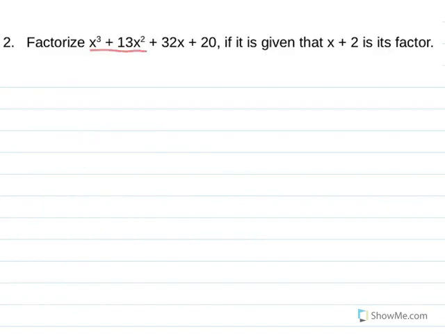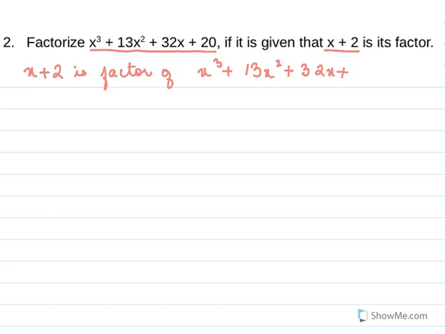Factorize x cube plus 13x square plus 32x plus 20 if it is given that x plus 2 is a factor. So x plus 2 is a factor of x cube plus 13x square plus 32x plus 20. To find the other factor, we need to divide.